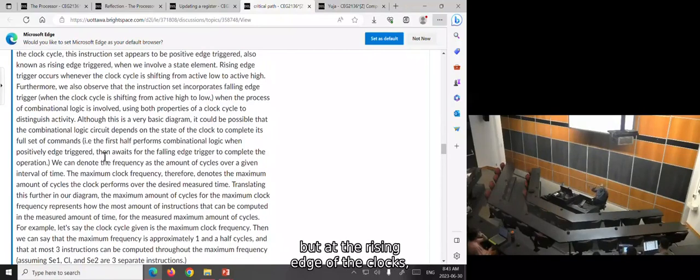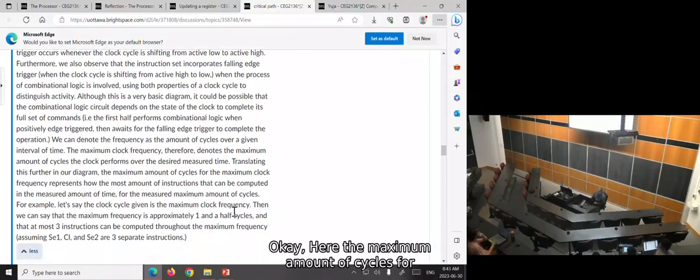At the rising edge of the clock, and then the next one, this cycle time will be the amount that the combinational logic needs to perform. So the whole thing.